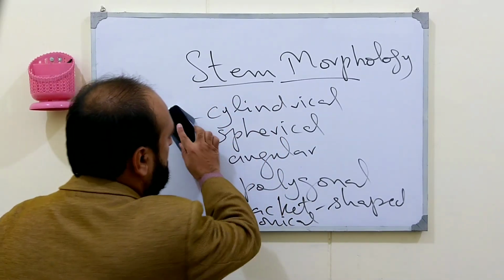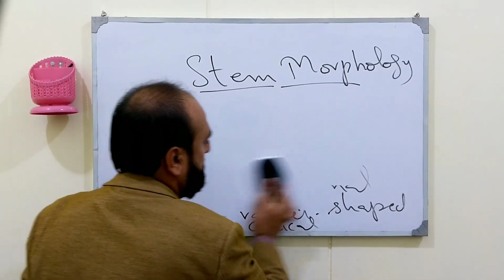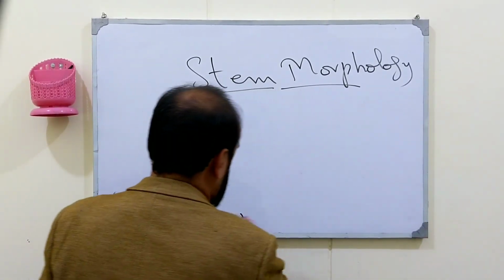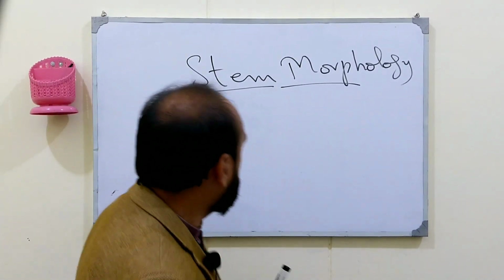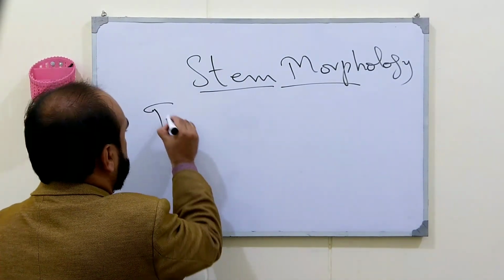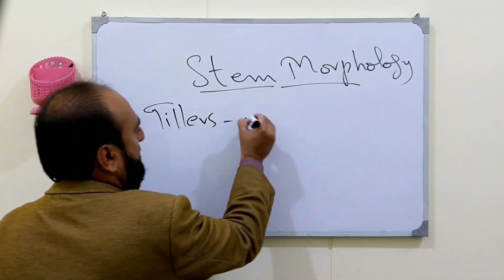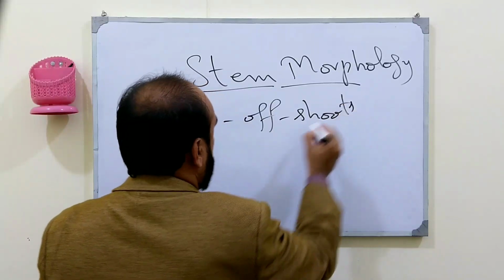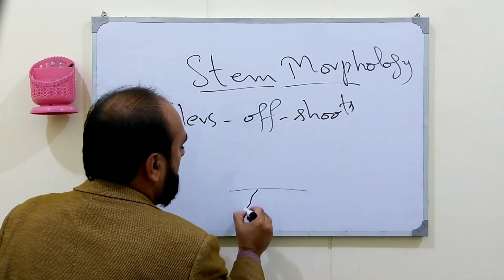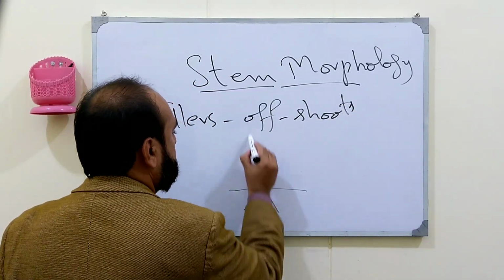And in grasses we have special types of offshoots or stems which are called tillers. Tillers develop at the crown.